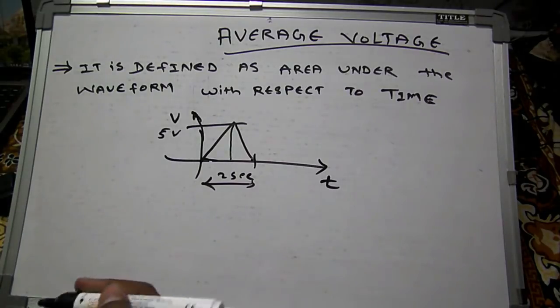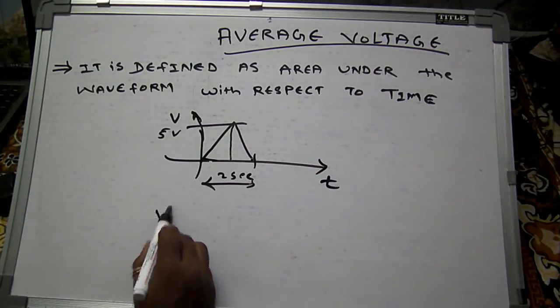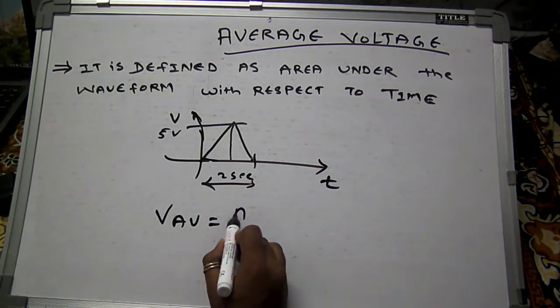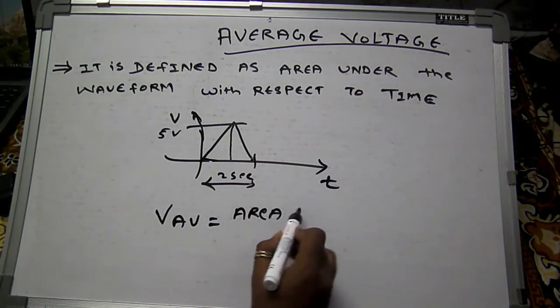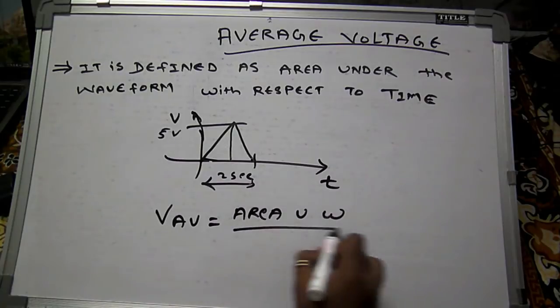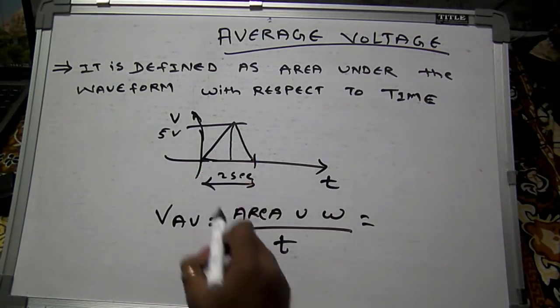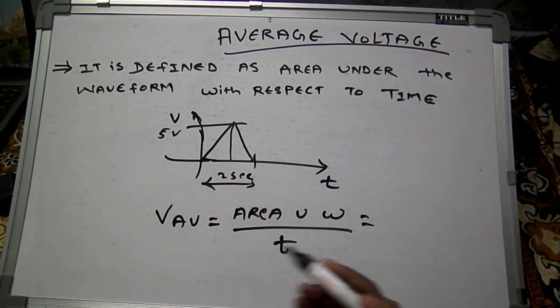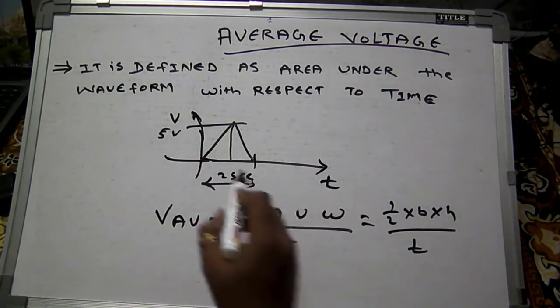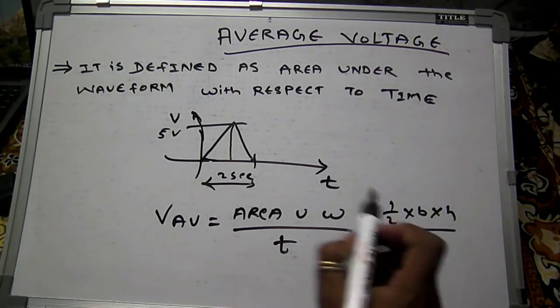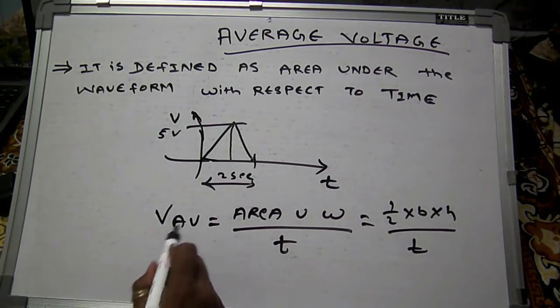Then according to the definition we can calculate the average voltage. V average is equal to the area under the waveform divided by time. The area of this triangular wave is divided by its time, that is 2 seconds. So in this way we can find the average value.